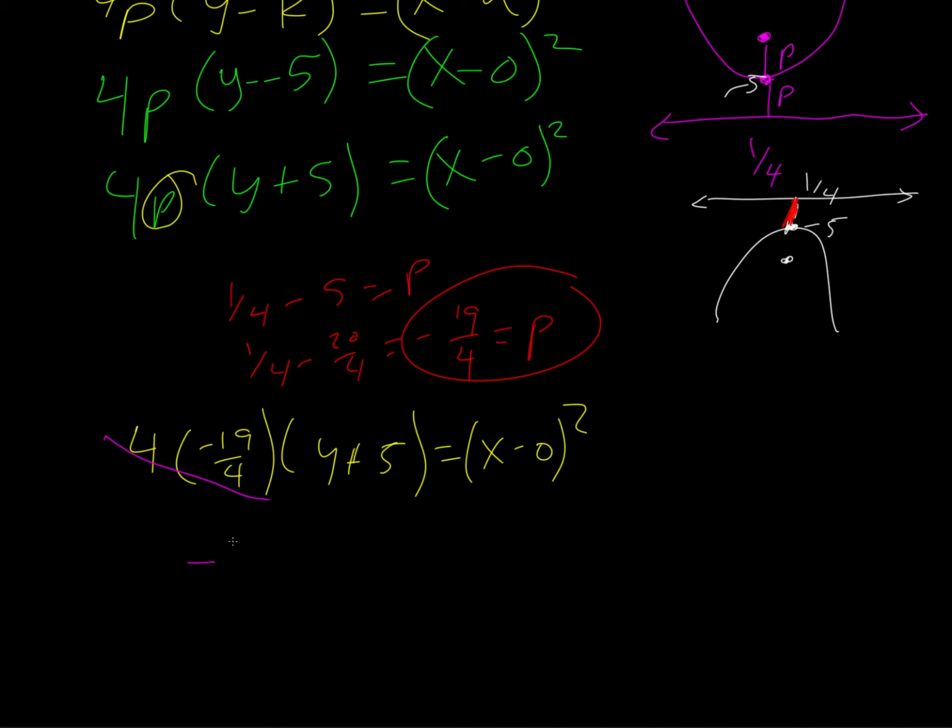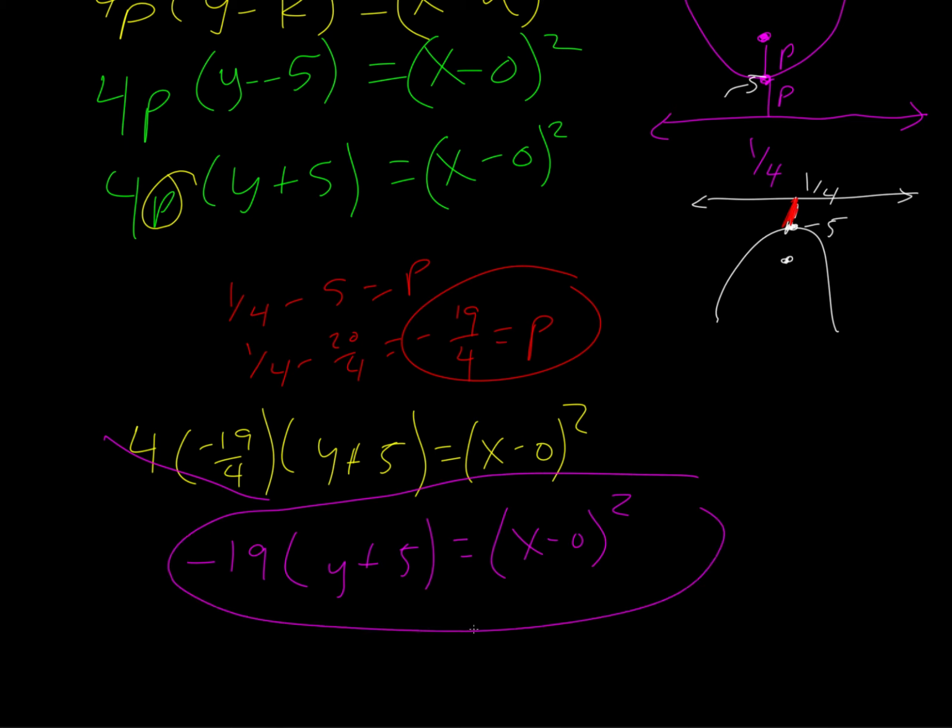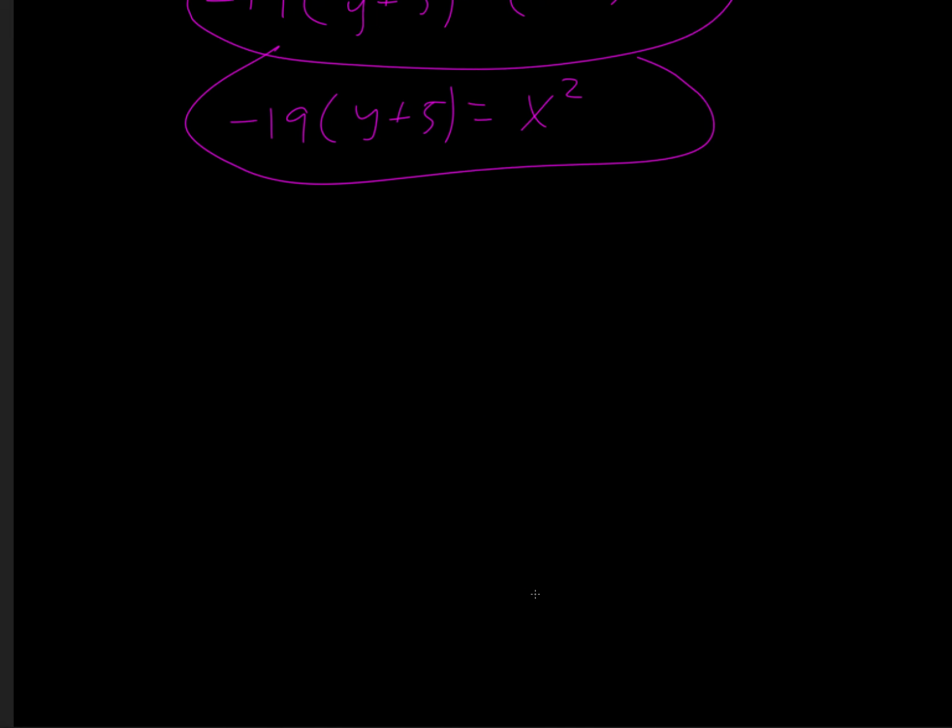And so we get negative 19 times (y plus 5) equals (x minus 0) squared. And then if we wanted to simplify, we could write it like that because of the minus 0. So either of those answers are acceptable, just whatever one you think looks better. Okay?